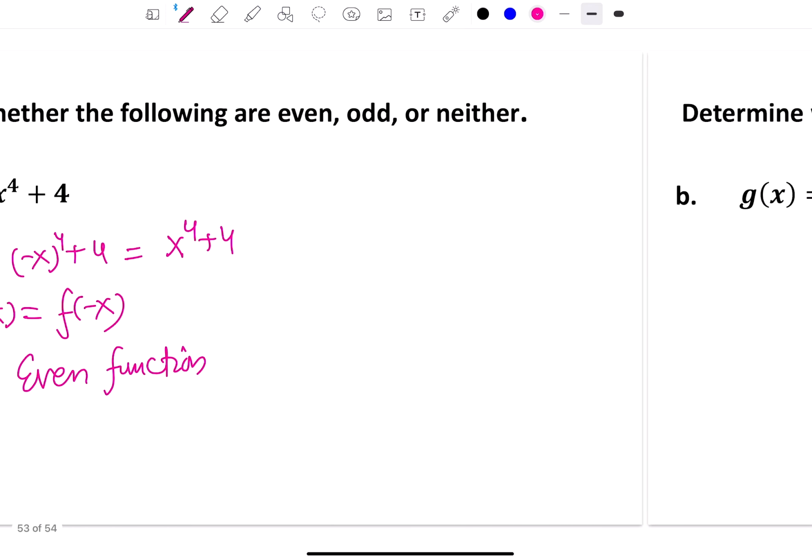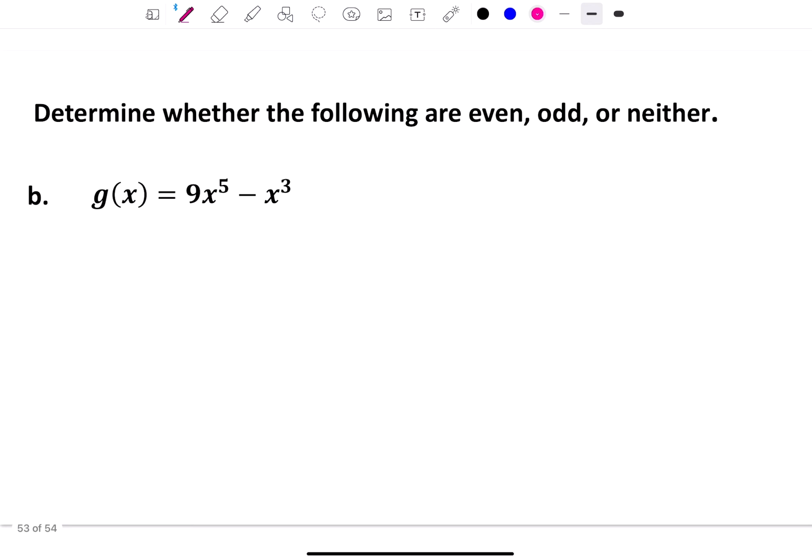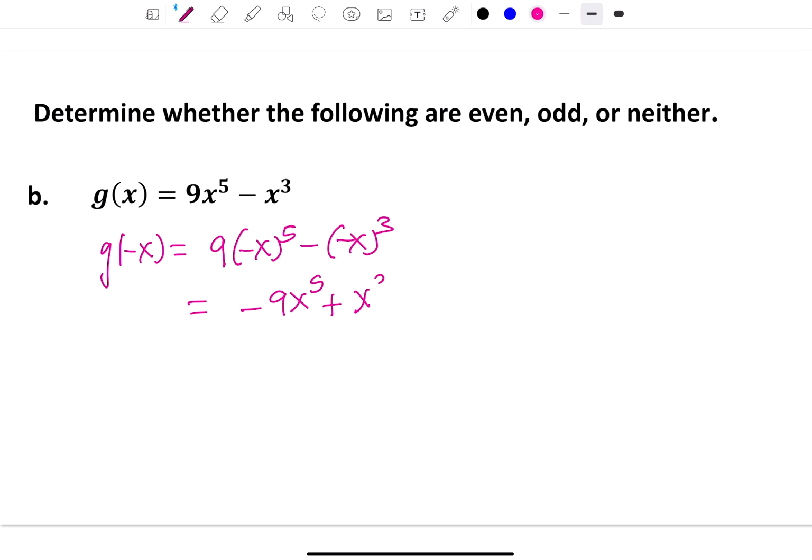Another example, you want to check if this equation is even, odd, or neither. So I'm going to replace x and find g of negative x, which is going to be 9 times negative x to the 5th minus negative x to the 3rd. It's negative 9x to the 5th minus, it would actually become plus x to the 3rd, because the negative gets cubed and will be negative, and negative and negative become positive.